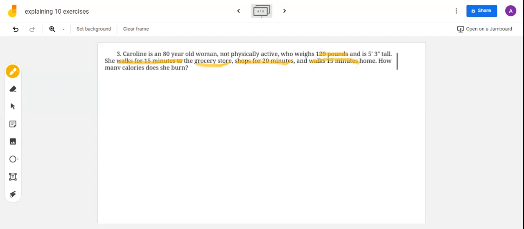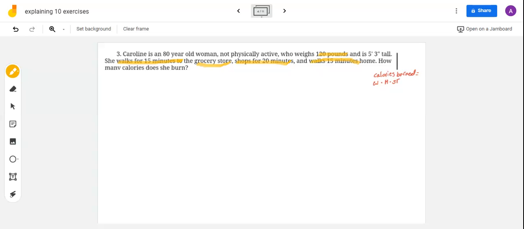So we're back to the original formula, let me put it over here in this corner down here for you guys, which is calories burned is equal to weight times minute times scale factor, right?